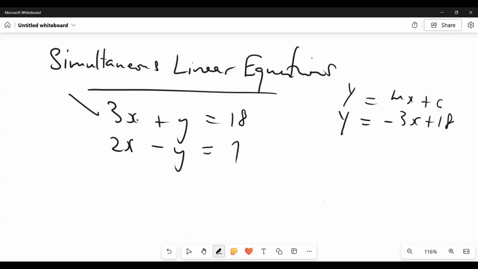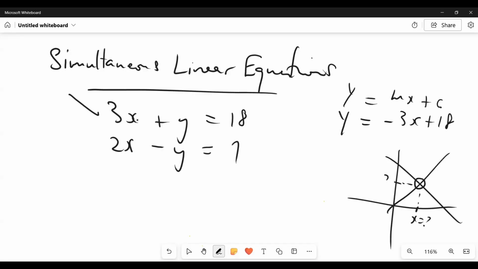Do you see the similarity? So this is really a straight line, and this is a straight line. And the solution of this equation lies where these two straight lines intersect, right? So if x is whatever here and y is whatever there, that's the solution to this equation, right?